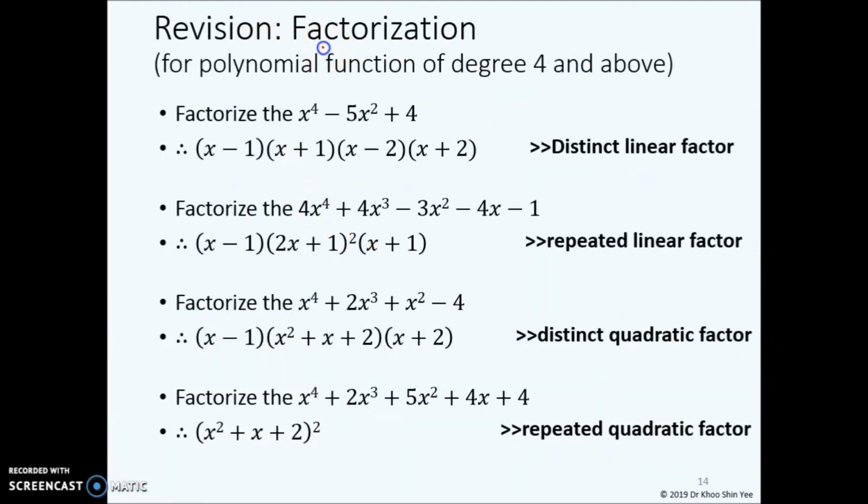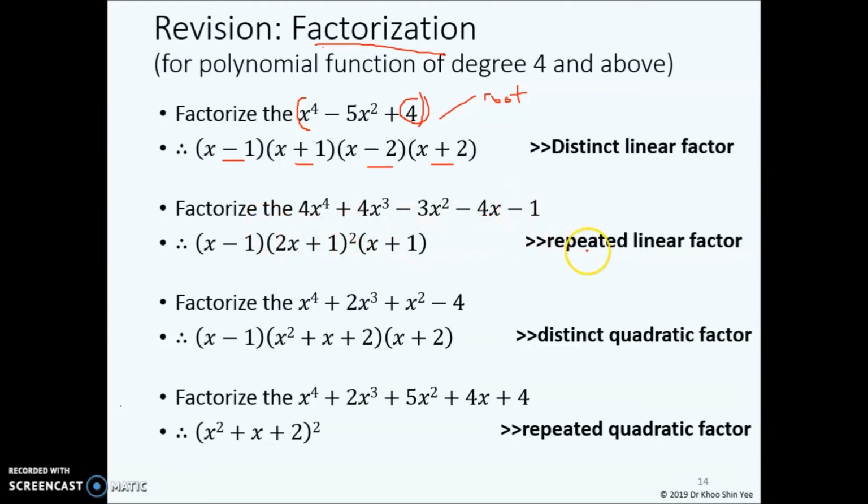Next, we also learn about factorization, where given a polynomial function, you find the root either by using the calculator or the steps that you have learned in this course. So from the root, you can form the linear factor. The root can be estimated from the constant behind here also.